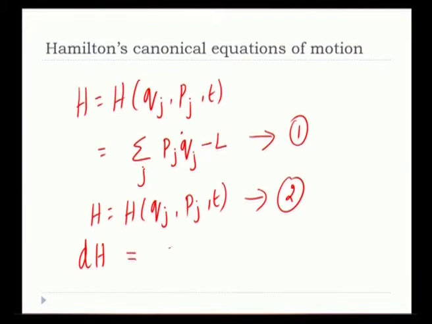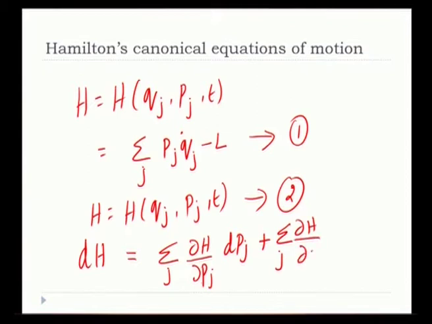The variation of the Hamiltonian is obtained from the summation over j of dou H by dou Pj, that is the partial variation of the Hamiltonian with respect to the momentum of the jth particle, into dPj, plus the summation over j of dou H by dou Qj, that is the partial variation of the Hamiltonian with respect to the generalized coordinate of the jth particle, into dQj, plus dou H by dou t into dt.